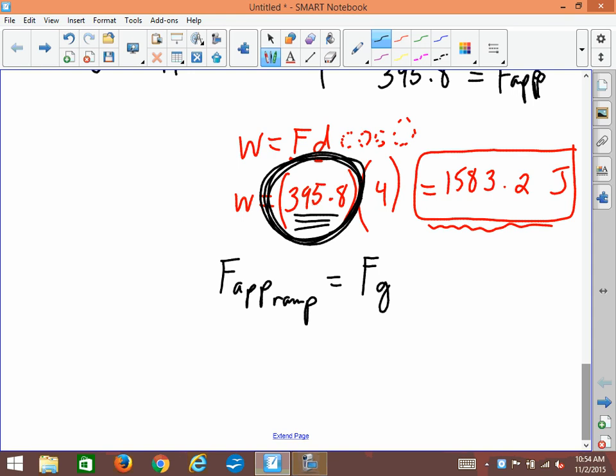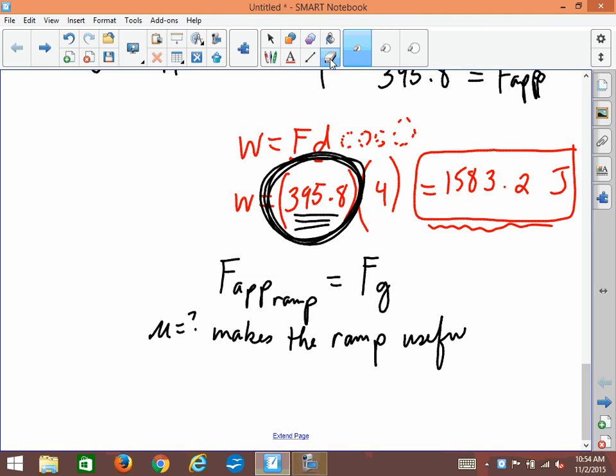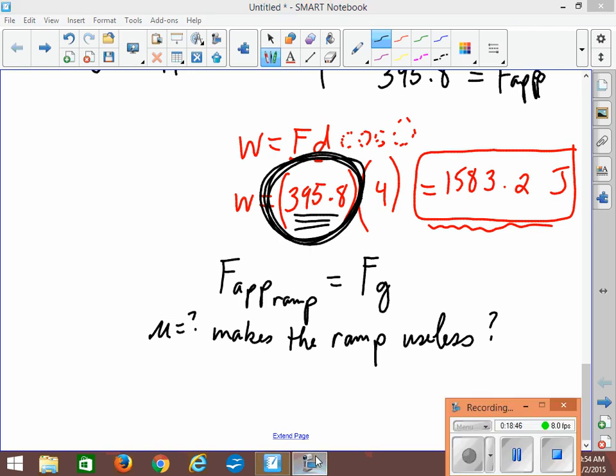So my question to you is, what coefficient of friction makes the ramp useless? I'd like you to figure that out on your own as a little exercise. Useless, in other words, it's not saving me any force. So what coefficient of friction makes the ramp useless? That's what I'm going to leave with you just to entertain you in your off hours.